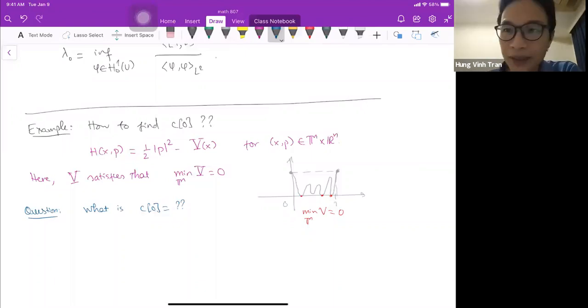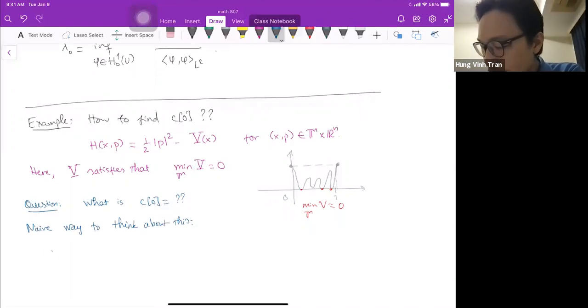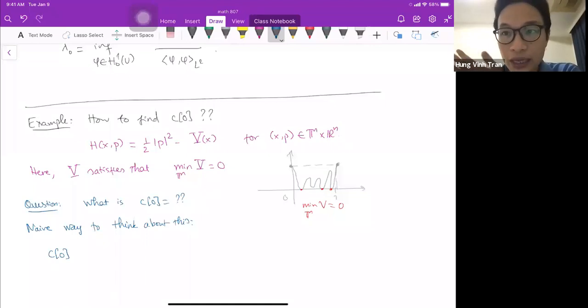So let's do it. I want to naively see what's going on with this thing. A naive way to think about this: I'm just going to write out one formula, using exactly the formula we just wrote down.